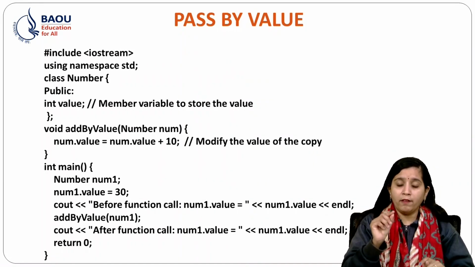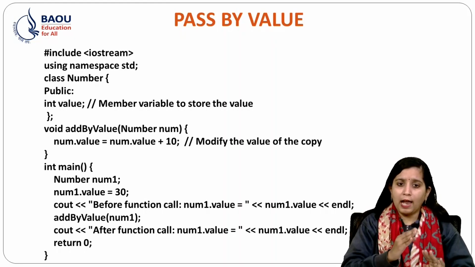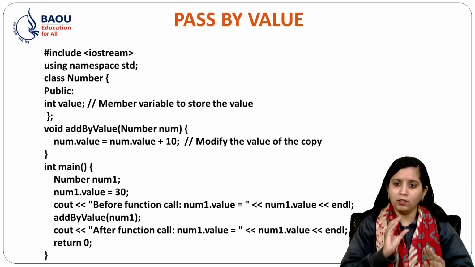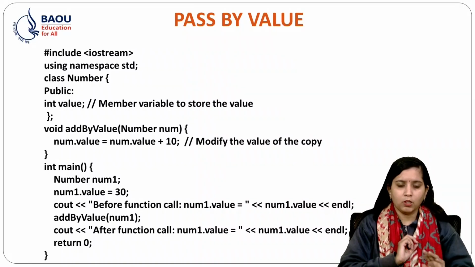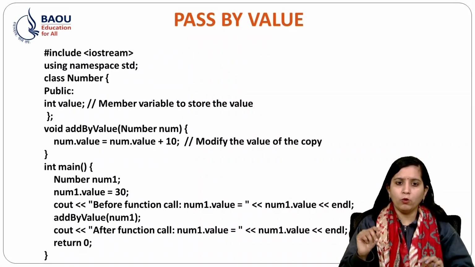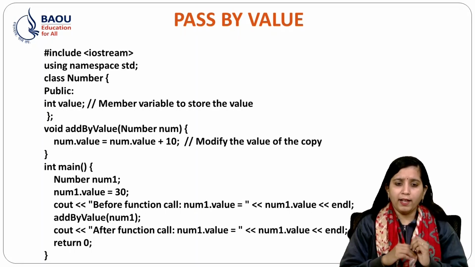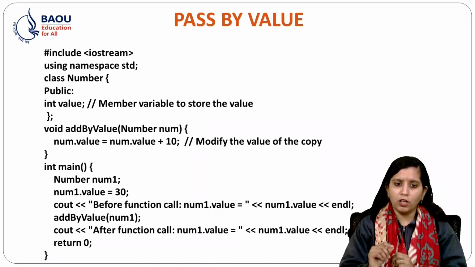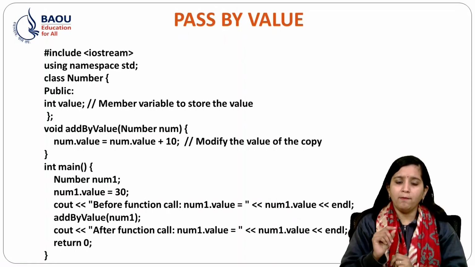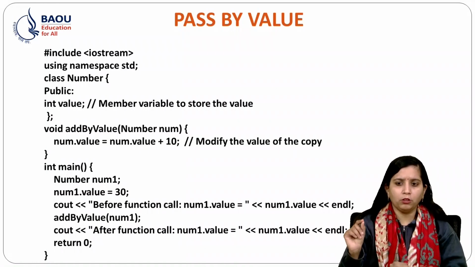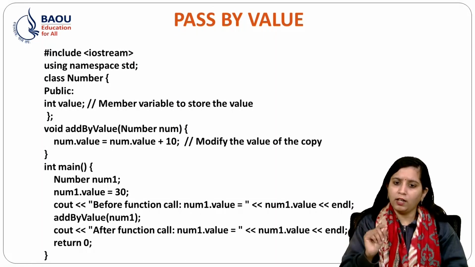So we are passing our class name as our function argument. Now in int main, I have instantiated one object, that is num1, and num1.value is equal to 30. So before the function call, num1.value is 30 only.